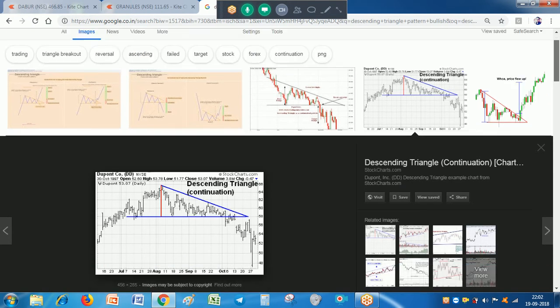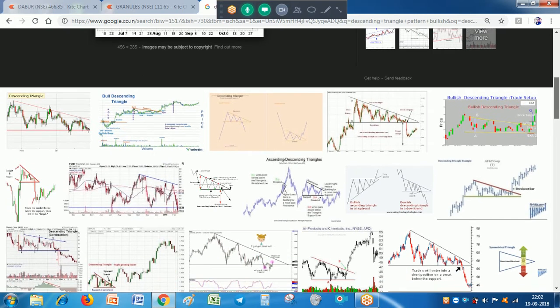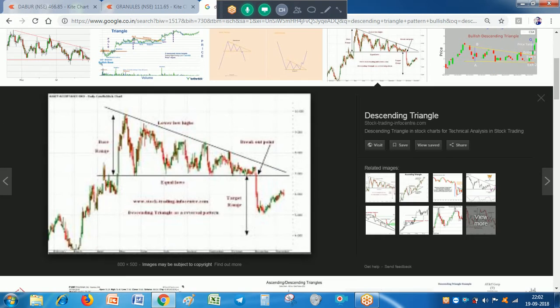So simply in this case, friends, we have to look for the condition where the stock is making equal low levels or support levels, and highs are decreasing. Highs are getting lower. One more picture is there. The stock was in an uptrend. It made some high, then started downward. Then again it moved up but could not cross the previous high level. This time the high is lower than the previous high.